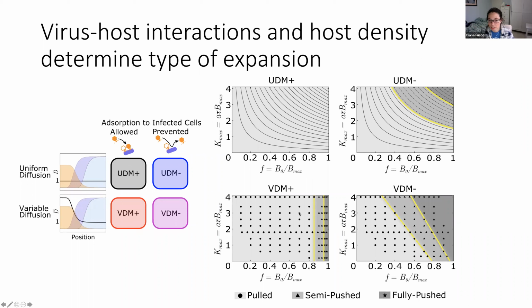And what is interesting here is that with the exception of the first model, this UDM+, all the others show regions that can be pushed. And just to give you a reference, the experiments that Wolfram did were more or less in this region. So in this case, it would be a VDM+ model that applies to T7. So they're clearly in the push.